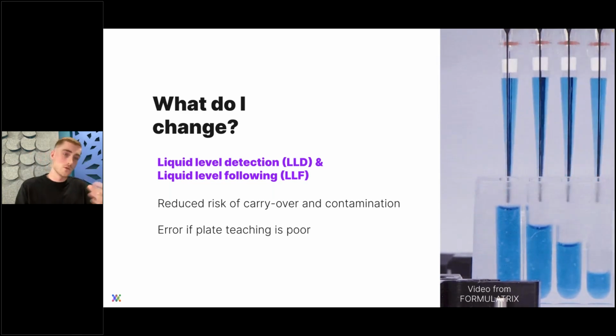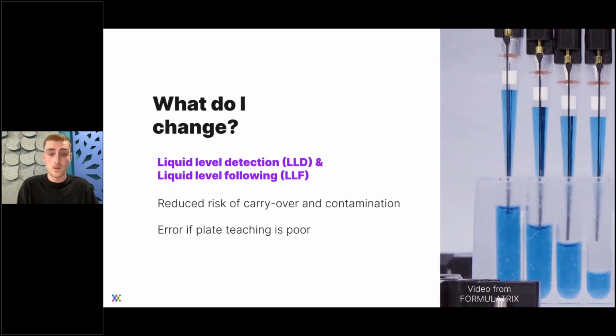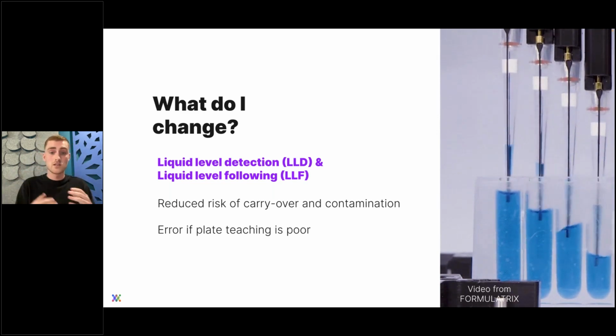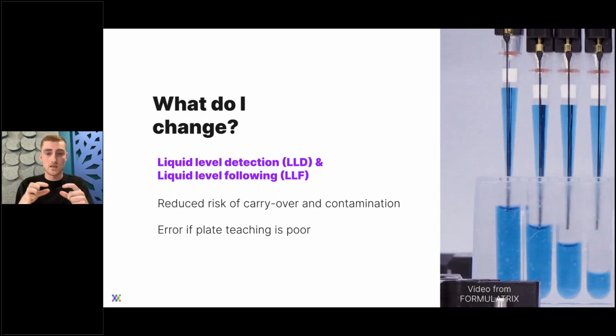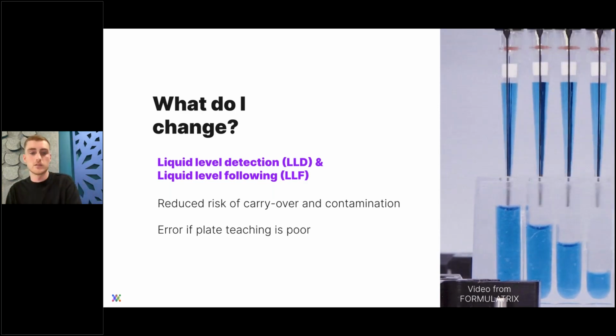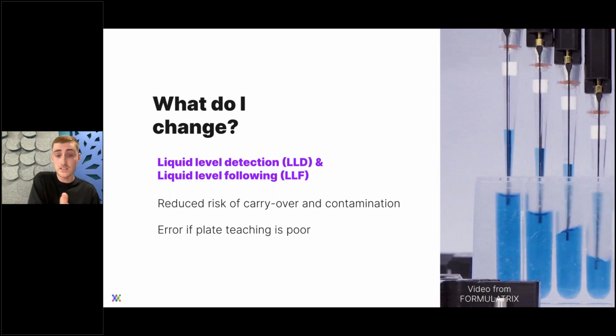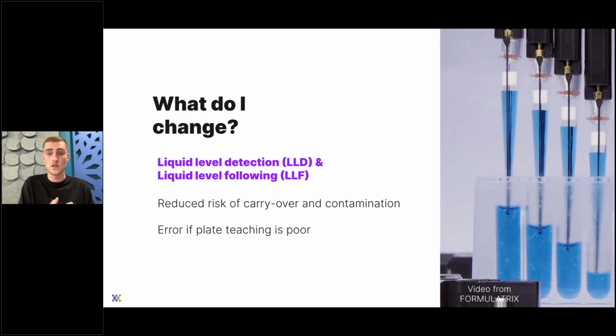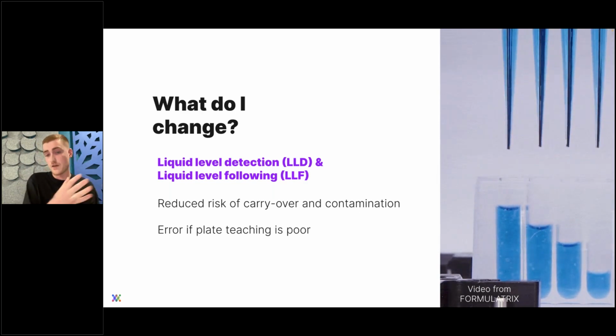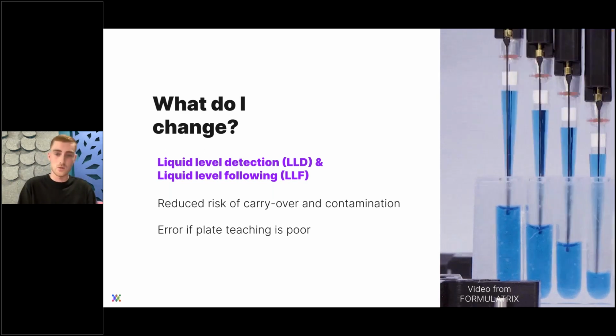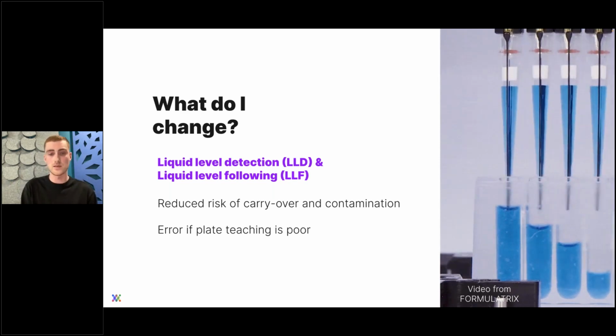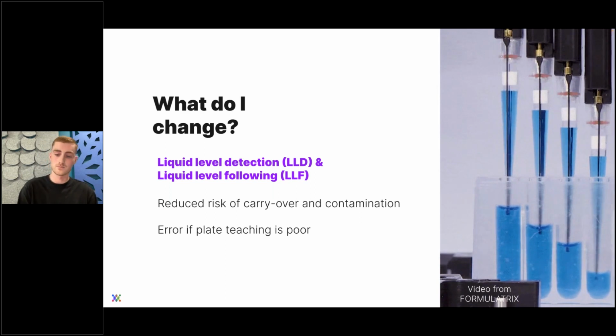And so if you use a plate like a PCR plate where the wells are raised off the deck, the device might struggle to form that circuit and therefore struggle with liquid level detection. But honestly, these features are worth playing around with, and particularly for your everyday liquids like volatile and viscous liquids, and really prevents those tips from getting coated in a sticky mess.